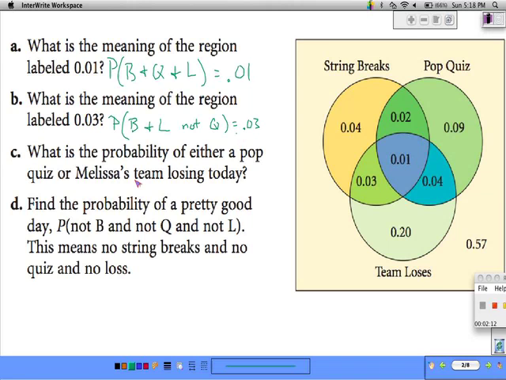The probability of either a pop quiz or the team losing, that will be any event that is inside the pop quiz circle or any event that is in the losing team circle. So what I have to do is add up all of these probabilities and I get 0.39.